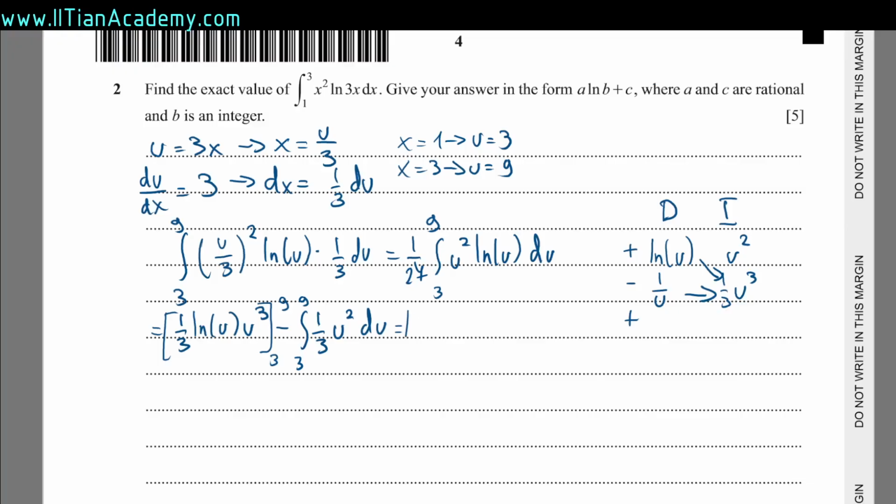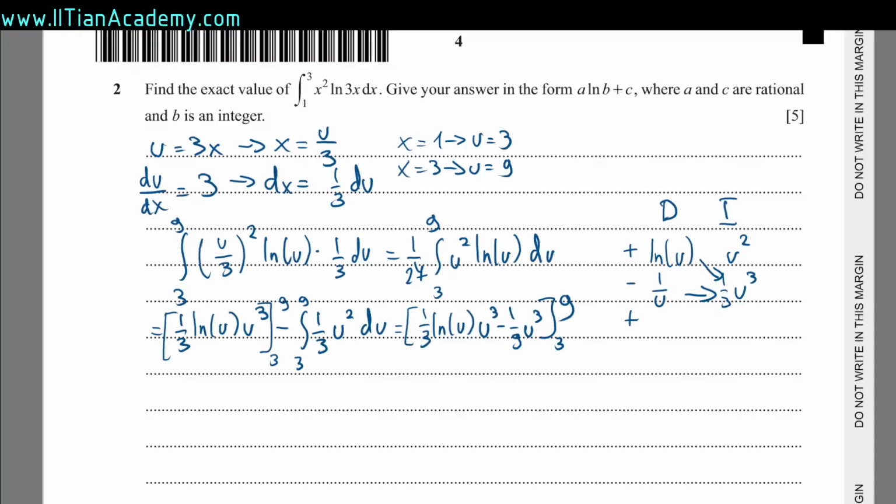So I'll bring everything together now. So 1 over 3 ln u times u cubed minus 1 over 9 u cubed, and this goes from 3 to 9. Right, and we don't really need the plus c here because we were plugging in limits, so the plus c would cancel out regardless.